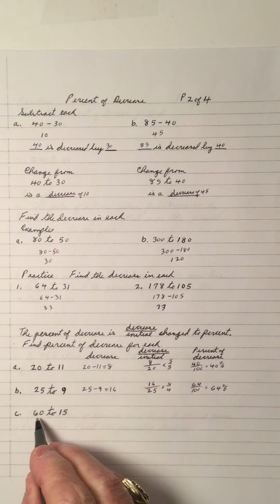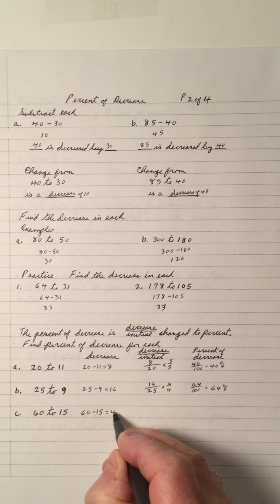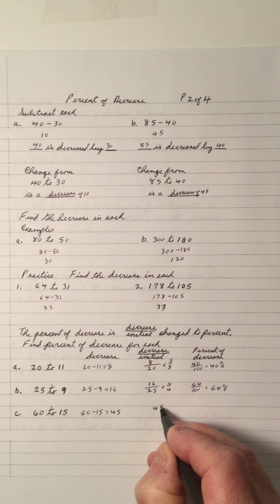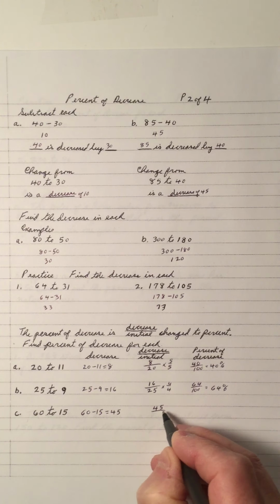60 to 15, 60 subtract 15 is 45. Now we have the decrease, which is 45 over 60. And 45 over 60, you can reduce it down. Let's try the calculator. 45 division 60 is 0.75.